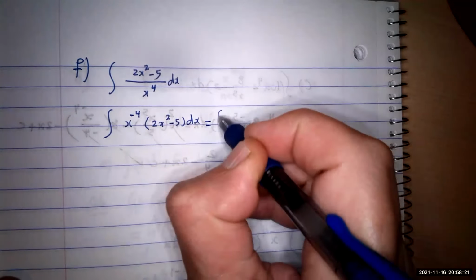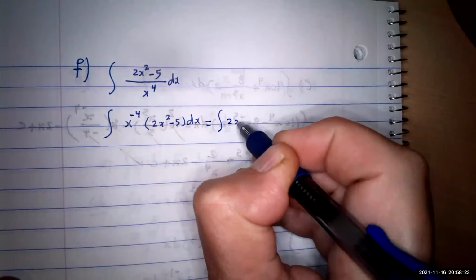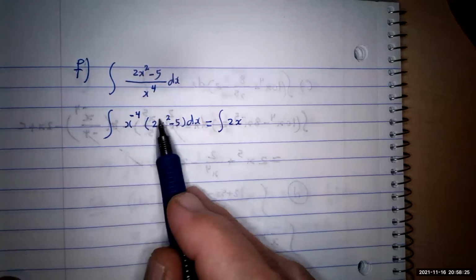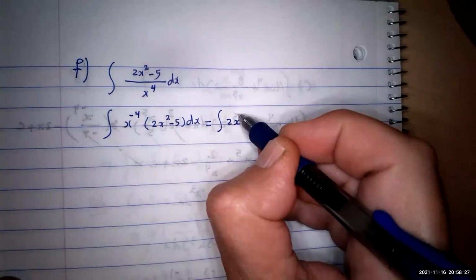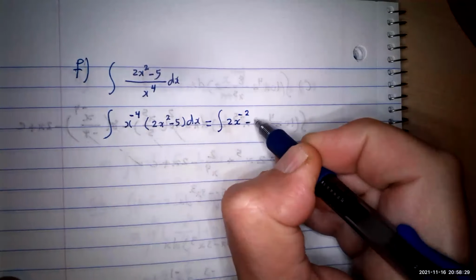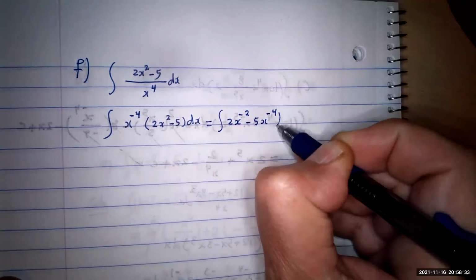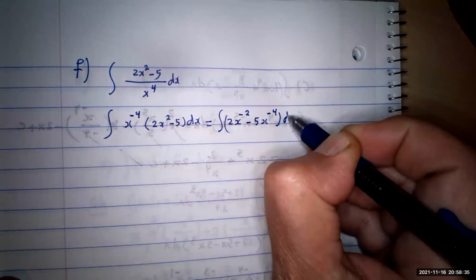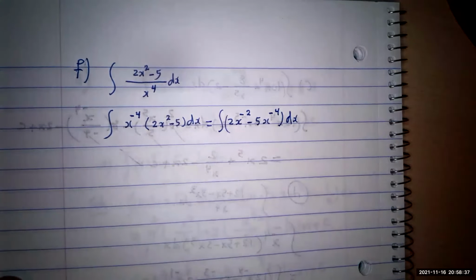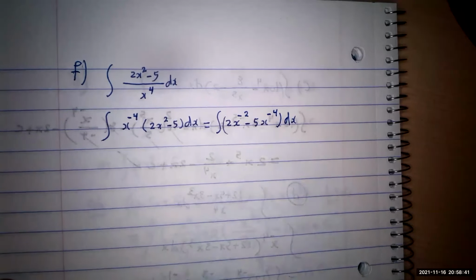So it's equal to the integral of 2x to the negative 4 plus 2, which is negative 2, minus 5x to the negative 4, dx. When we multiply, we add the exponent. Now we are ready to operate.